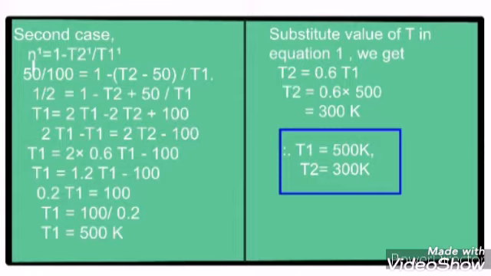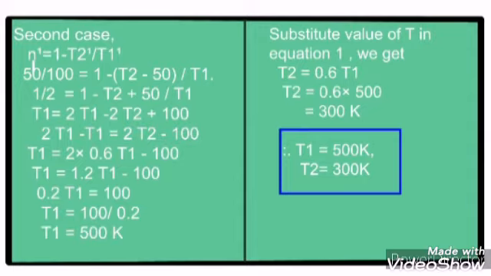By subtracting, we get T1 is equal to 2T2 minus 100. We know the value of T2 from equation 1, that is T2 is equal to 0.6 T1. By substituting the T2 value, we get T1 is equal to 2 into 0.6 T1 minus 100. On further calculation, we get 0.2 T1 is equal to 100. T1 is equal to 100 divided by 0.2, that is T1 is equal to 500 Kelvin.